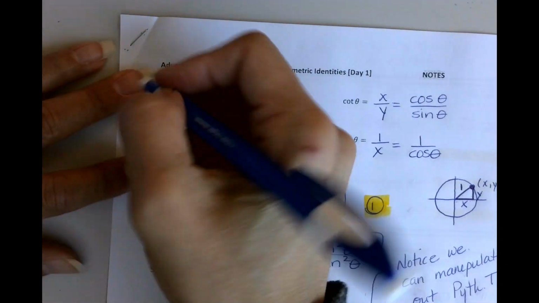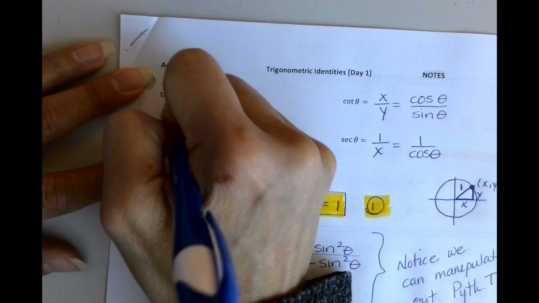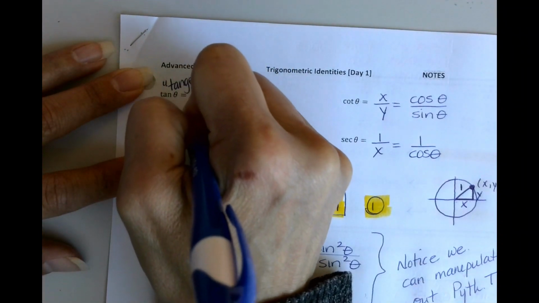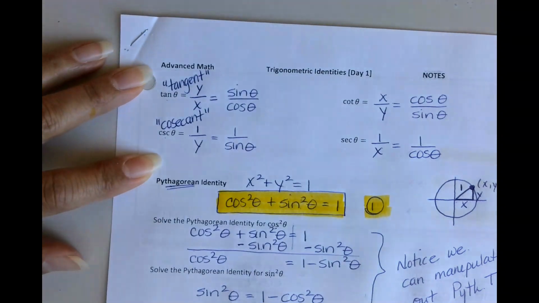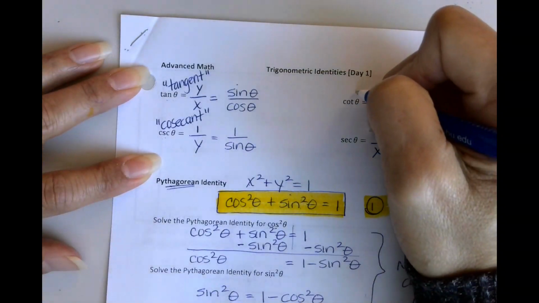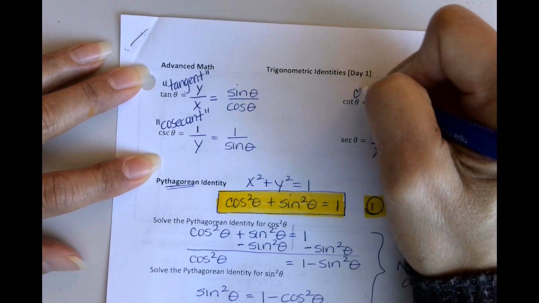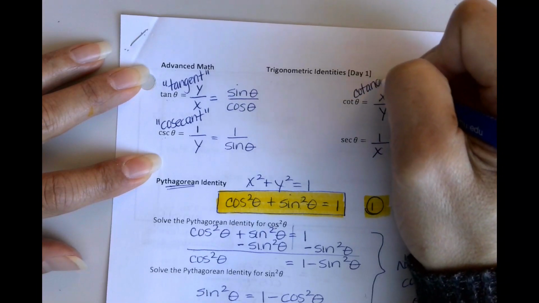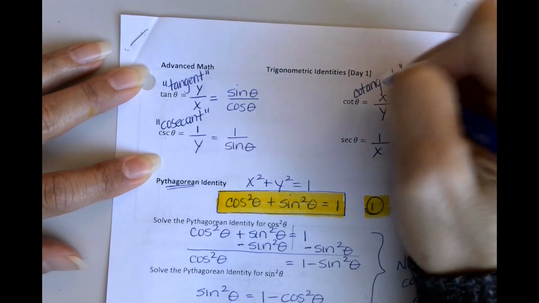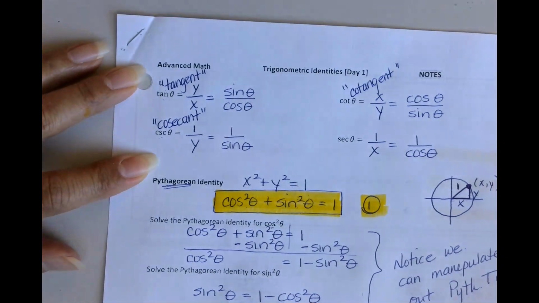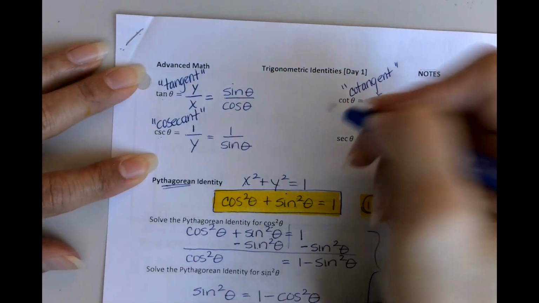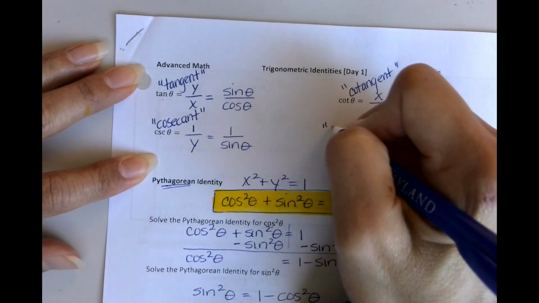CSC, I need you to be able to read it as cosecant theta. That's what CSC stands for. COT is not cot, it is cotangent. And SEC is not sec or sec, it is secant.